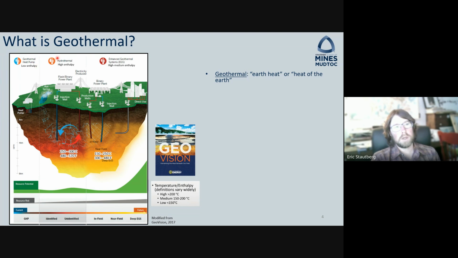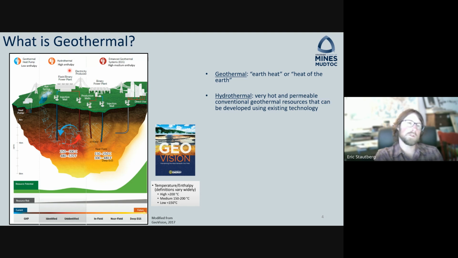And then, of course, on the opposite end of the spectrum, you have your conventional hydrothermal systems. And these are what you probably think of when you think of generating electricity from geothermal. Places like Iceland or Hawaii or Indonesia, where you have these large volcanic provinces, we can drill wells adjacent to volcanic activity, produce steam directly out of the ground, and use that to spin turbines and make electricity.